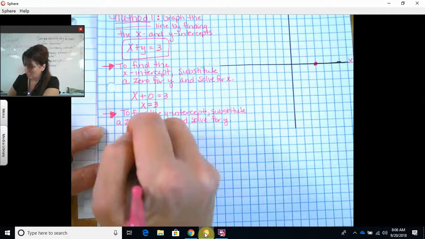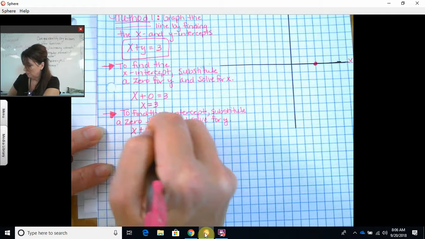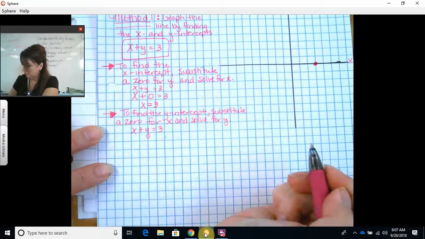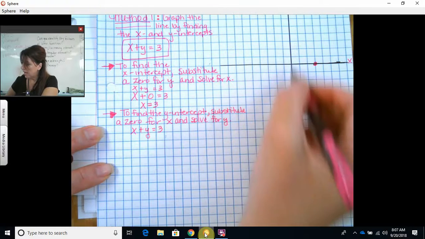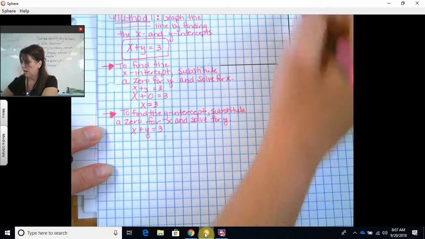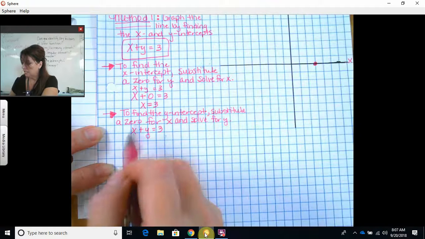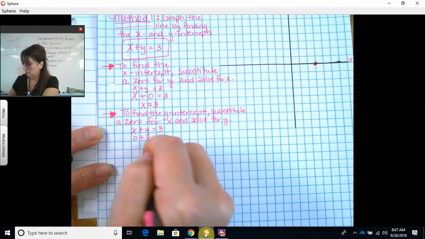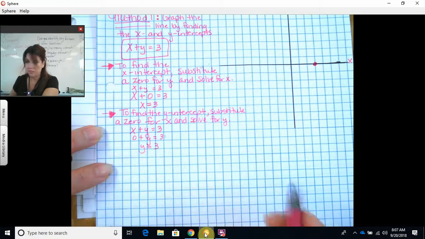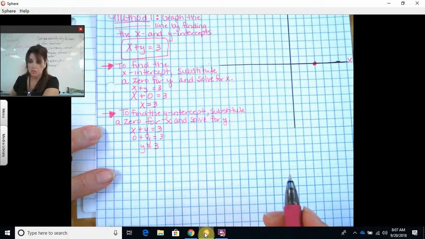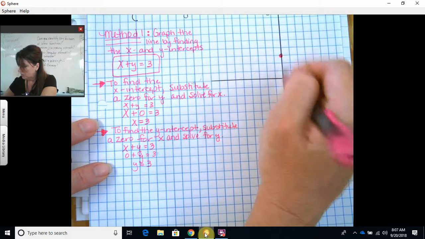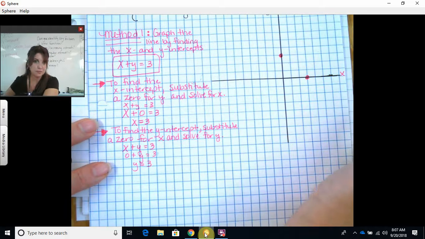So same equation. Every ordered pair on my y-axis has an x value of 0. So if I want to know where my line crosses the y-axis, I say when x is 0, what is y? And in this case, you also have a y-intercept of 3. So now go to your y-axis, and at positive 3, when x is 0, y is 3, draw a line.